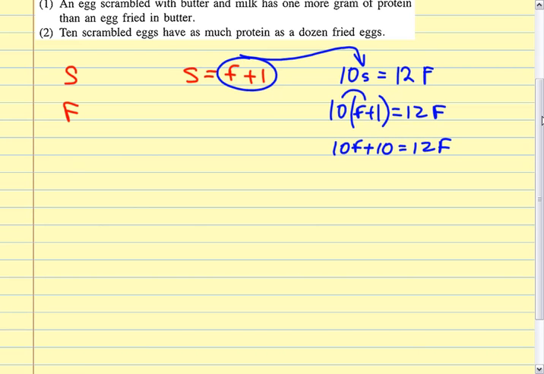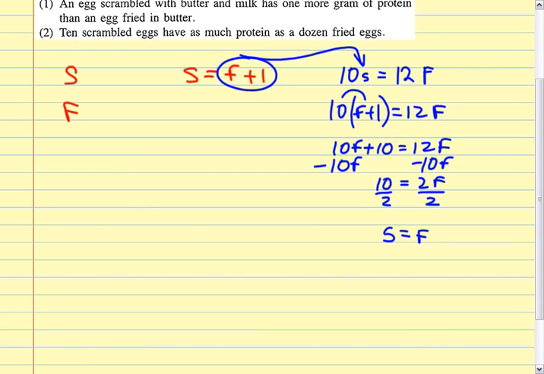Get them together. Subtract 10F. I'm sorry. Okay, so minus 10F from both sides. And then that's going to give me 10 is equal to 2F. Divide by 2. And F is equal to 5.